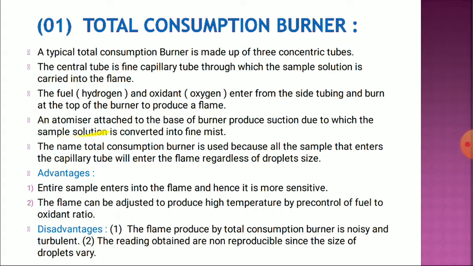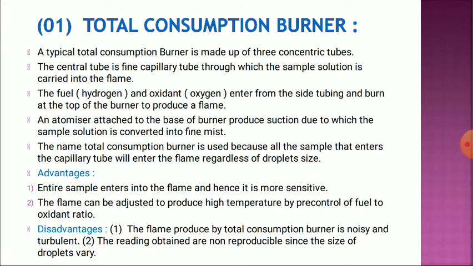An atomizer attached to the base of the burner produces suction, due to which the sample solution is converted into a fine mist. The name total consumption burner is used because all the sample that enters the capillary tube will enter the flame regardless of droplet size.